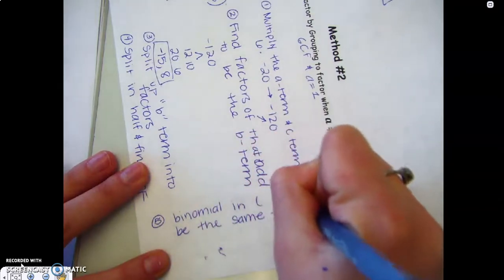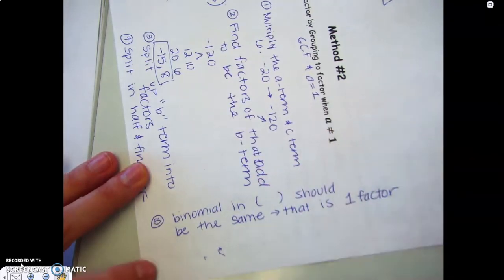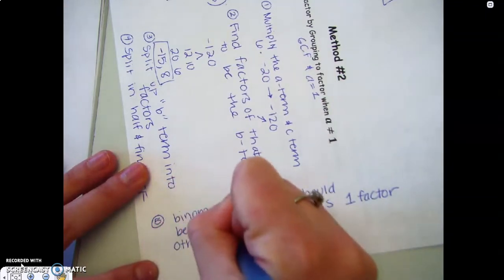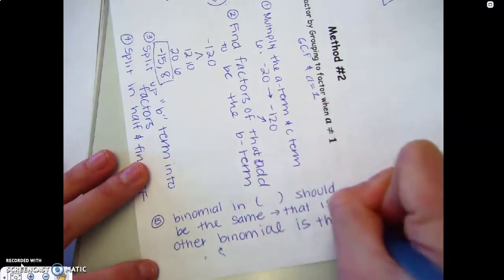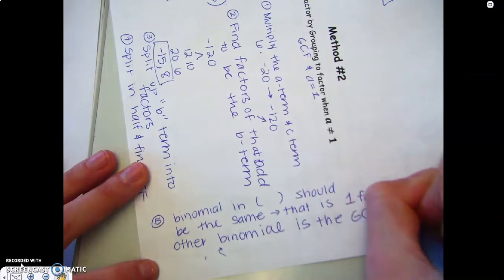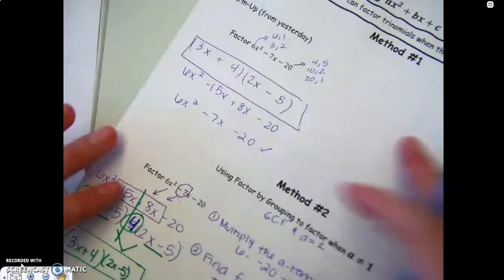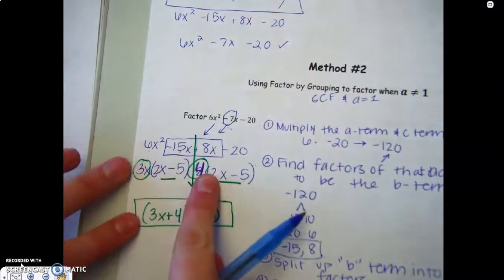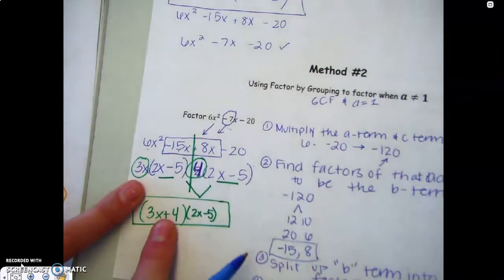That is one factor. The other binomial is the GCFs. So one of the factors we found was what was the same in the parentheses, and the other one came from the GCFs that we took out. We made our other factor. So that is factor by grouping.